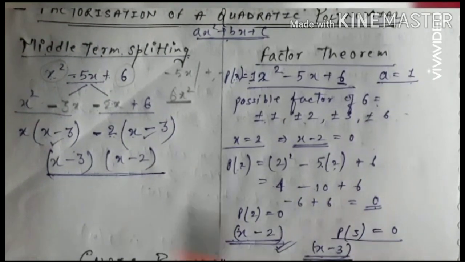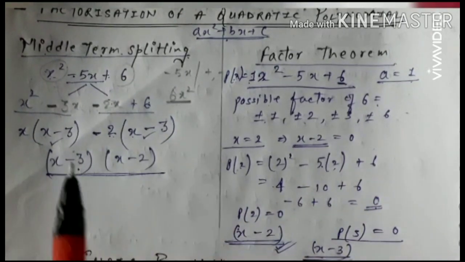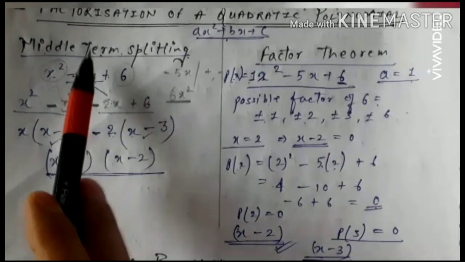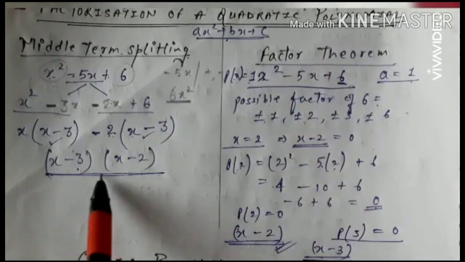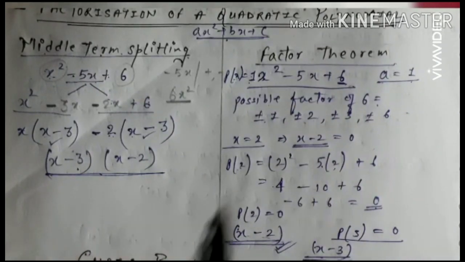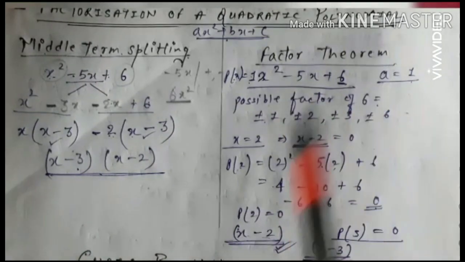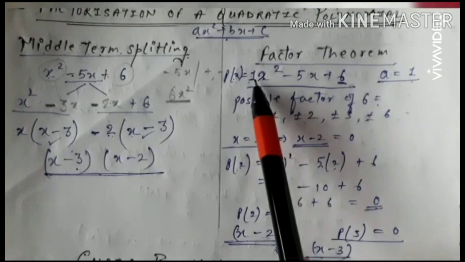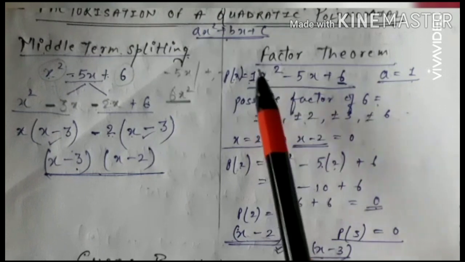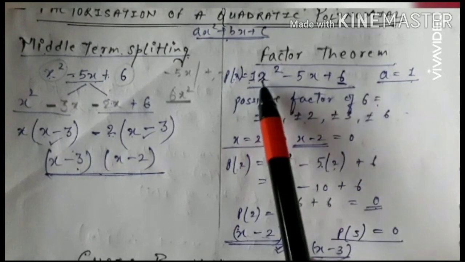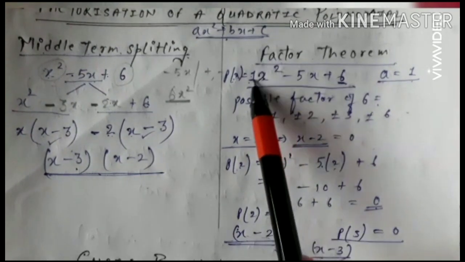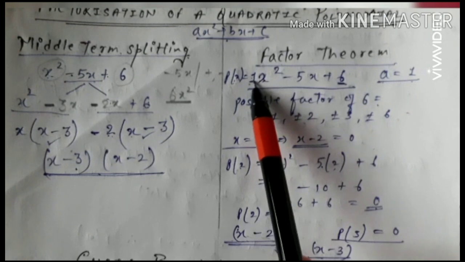So these are two factors. You can choose any method, with the help of middle term split or with the help of the factor theorem, you are getting the same answer. Okay, so the factor theorem is important here. Firstly you have to check whether the coefficient of x square is 1 or not. If it is not 1, you will divide the whole polynomial by that number, but here it is only 1, so we have not divided.